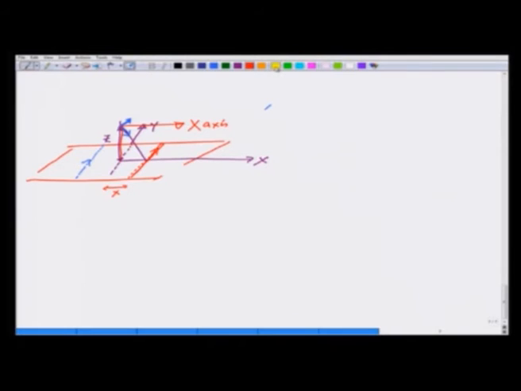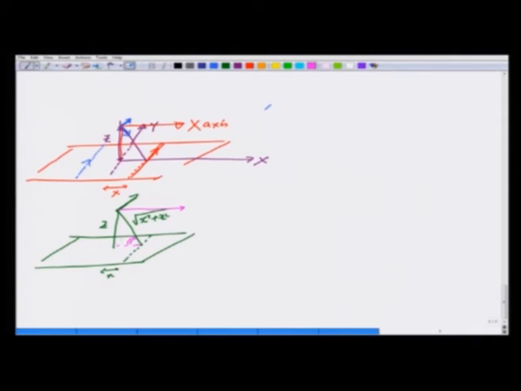So, let us now again make this figure neatly. This is the sheet. I am talking about a distance height z, and distance from here at a distance x is going to be square root of x square plus z square, and I am going to take the component in the x direction.